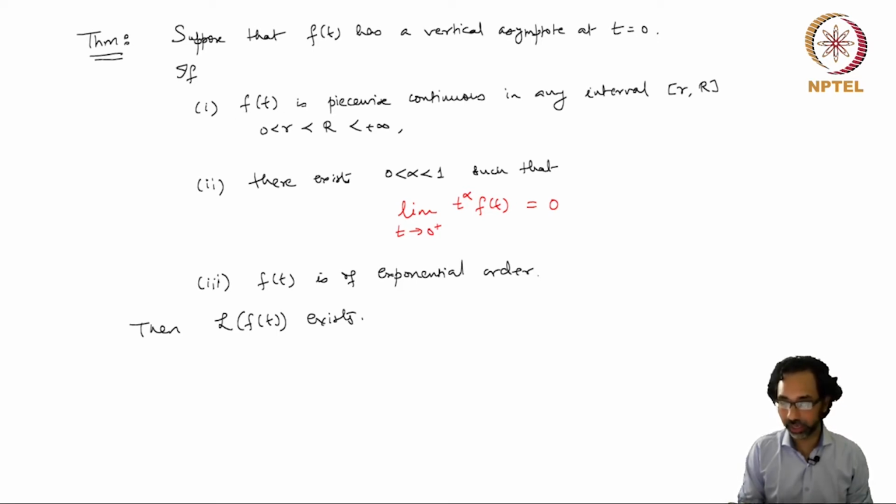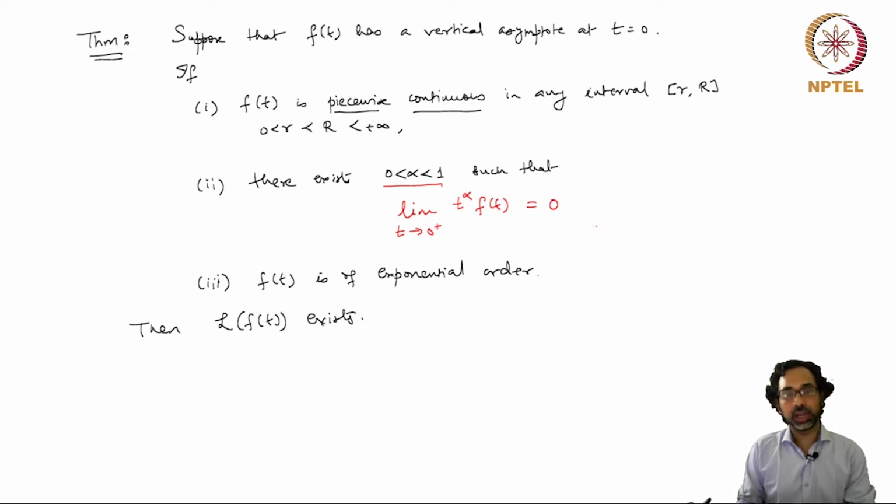The first is that f(t) is piecewise continuous in every interval from small r to capital R, endpoints included, where small r is strictly positive and capital R is greater than r, a finite number. The second one is what will interest us the most, which is that there exists a constant alpha between 0 and 1 such that the limit as t tends to 0 from the right side of t to the power alpha times f(t) equals 0, and the third is that f(t) is of exponential order.